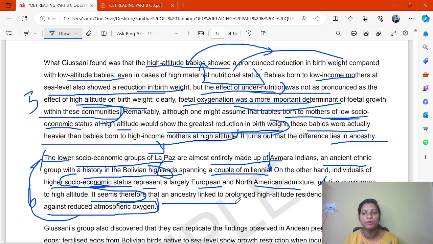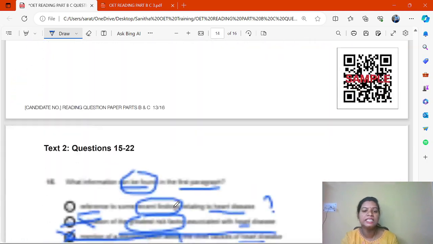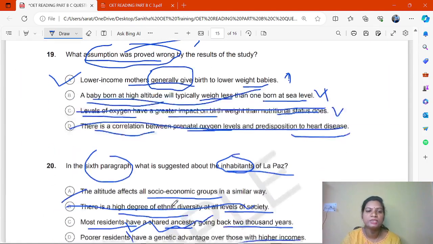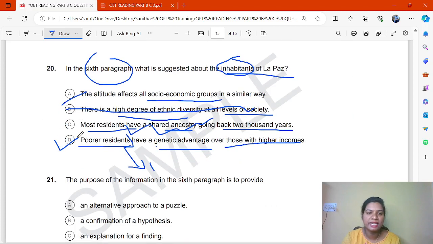They have active protection against reduced atmospheric oxygen, which is the lower socioeconomic group people. So it is matching with the passage. So then what is the answer? D is the answer. See how we are finding out the answer. This is the way you have to find out the answer.